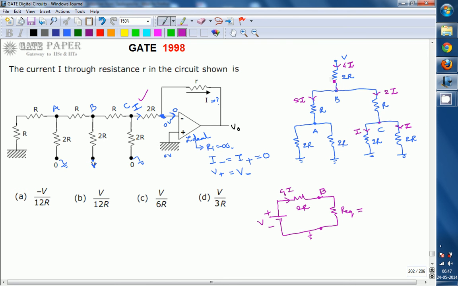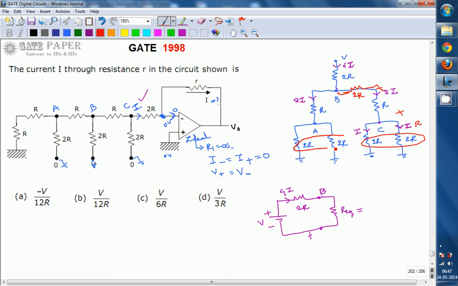If you observe, this 2R and this 2R are in parallel, so that effective resistance will be in series with this R. So R plus R, the total resistance from B to ground, is 2R.